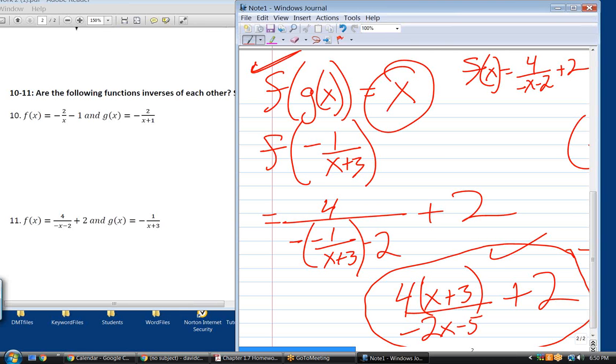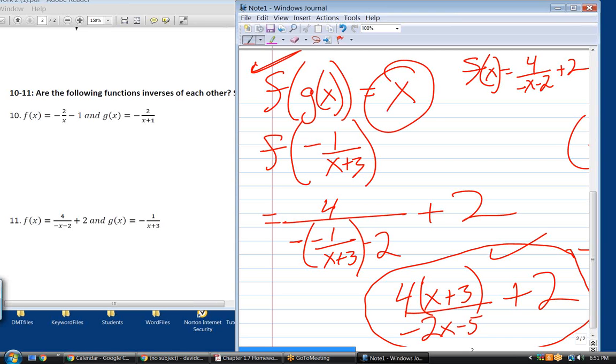You're going to end up not having x, and you're going to have the wrong answer. So the only thing I can say on trying to prove two functions are inverses of one another is be very, very deliberate on your algebra and do it step by step, kind of like I've done it here, just so you don't make mistakes.